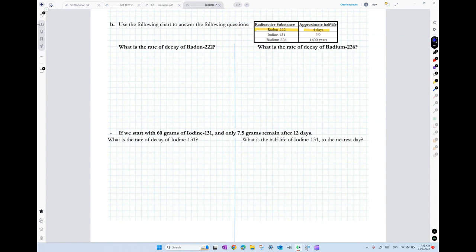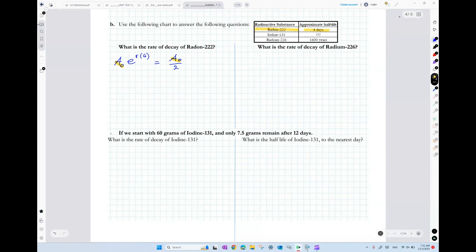What does it mean? That means that when you apply, so I've got an original amount times e to the rt, it takes 4 days to reach half of the original amount.